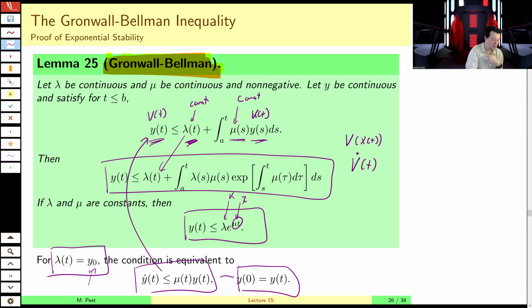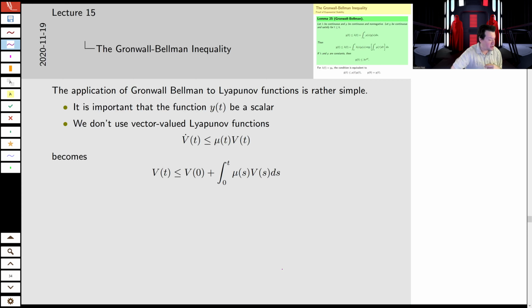These two conditions combined imply this initial condition here. And so this actually should be y naught equals lambda. So there we go. That's the Gronwall-Bellman theorem. And now we can apply this to Lyapunov functions.